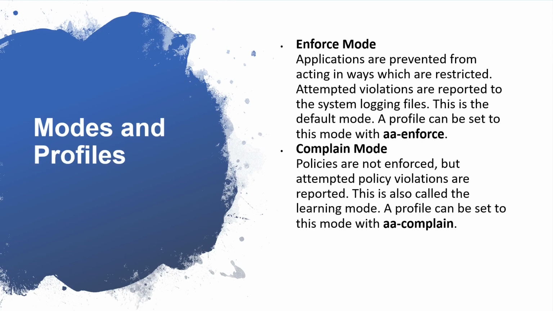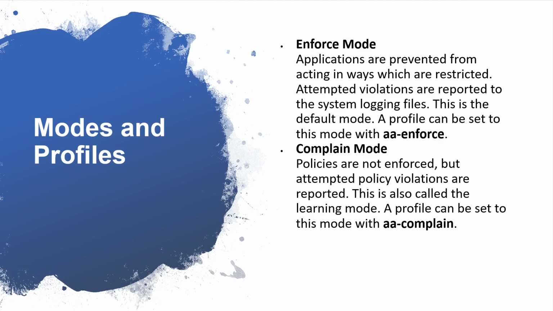Modes and profiles. Profiles restrict how executable programs, which have path names on your system, such as /usr/bin/evince, can be used. Processes can be run in either of two modes, enforce mode and complain mode. In enforce mode, applications are prevented from acting in ways which are restricted.